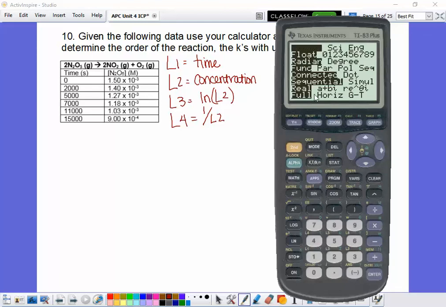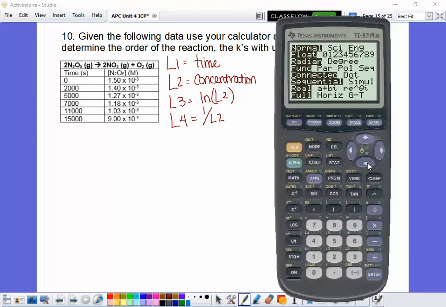Down near the bottom, you might have to scroll down to the next page. Mine doesn't have another page, but somewhere on there, there'll be something that says Stat Diagnostics. Please make sure that On is highlighted to turn Stat Diagnostics on.